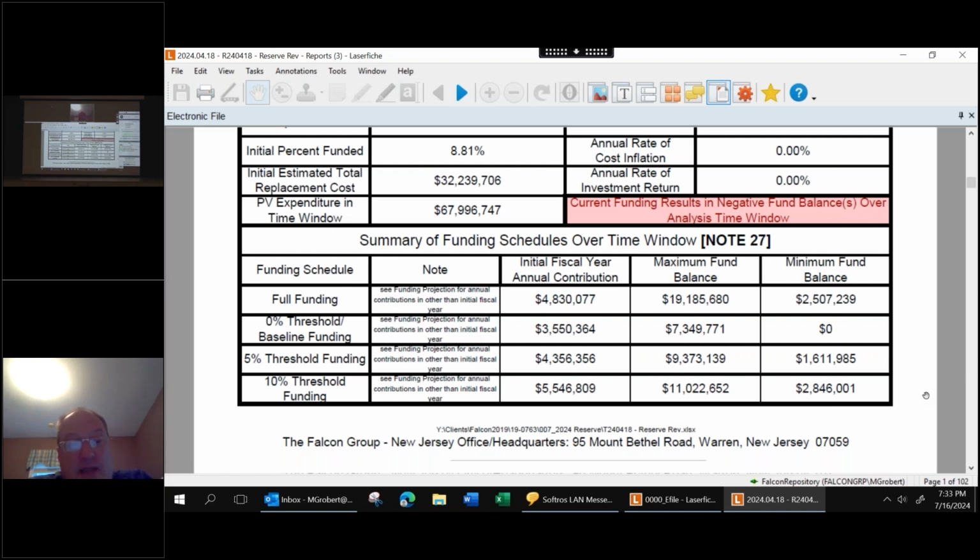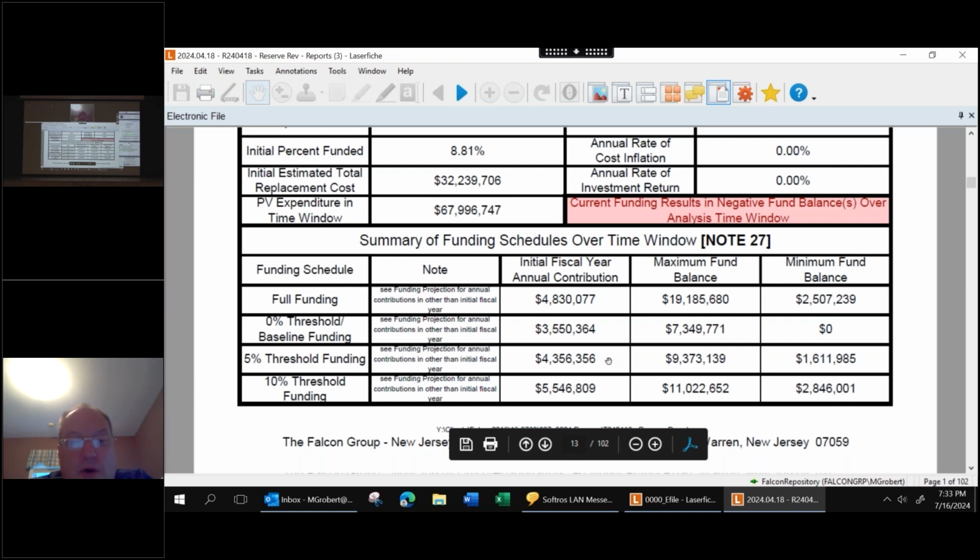Now the 5% and the 10%. With the 5% threshold, again, your funds are pooled. And I need to really stress that this is your initial year funding level, the first year, because it does change. In the first year, it's $4.3 million.